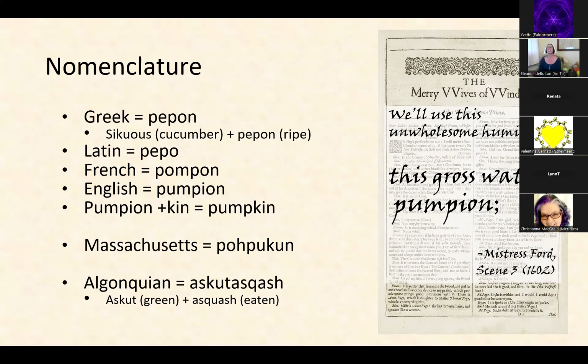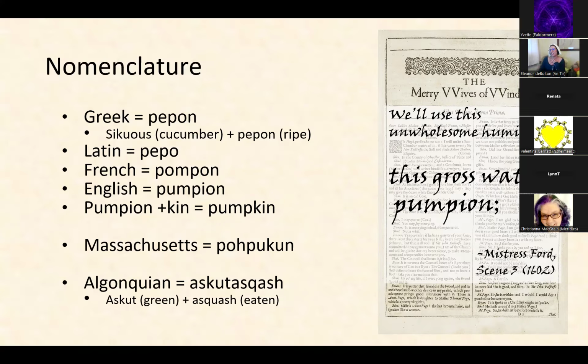You can see where the origins of the term pumpkin come from. Some people think it's from Latin. Other people think it's from the Massachusetts tribes. And then we also start seeing things like Algonquin putting the term squash into the vocabulary. That's quite often.